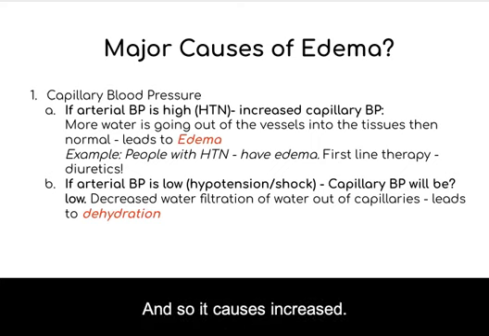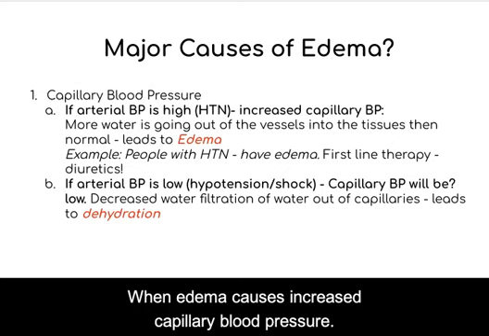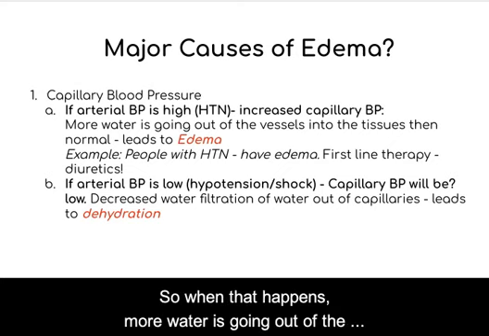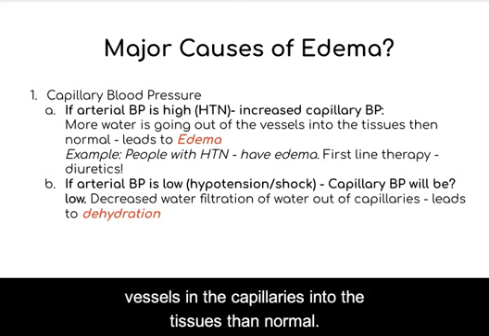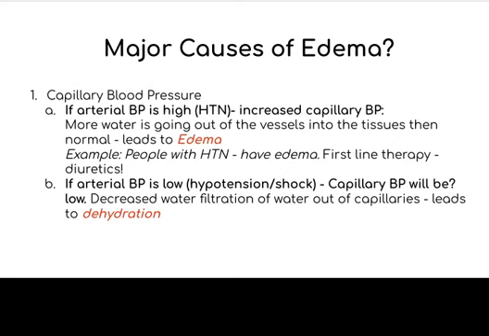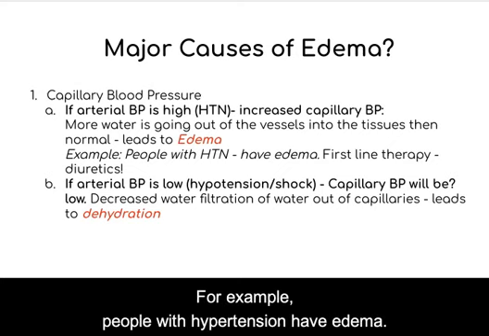So increased capillary blood pressure causes edema. When that happens, more water is going out of the vessels in the capillaries into the tissues than normal. This leads to edema. For example, people with hypertension have edema.